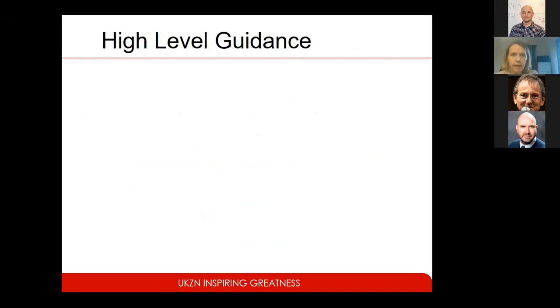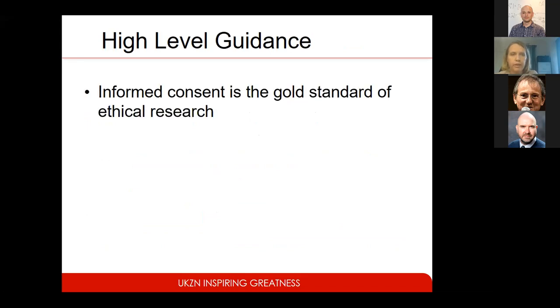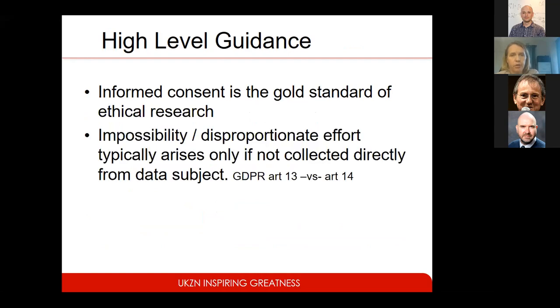So if we look for some high-level guidance, of course, we don't yet have guidance from our own information regulator, but in Europe, GDPR now distinguishes between data collected from the data subject where notice must always be given. And so impossibility or disproportionate effort will typically only arise when you are not collecting it directly from the data subject.